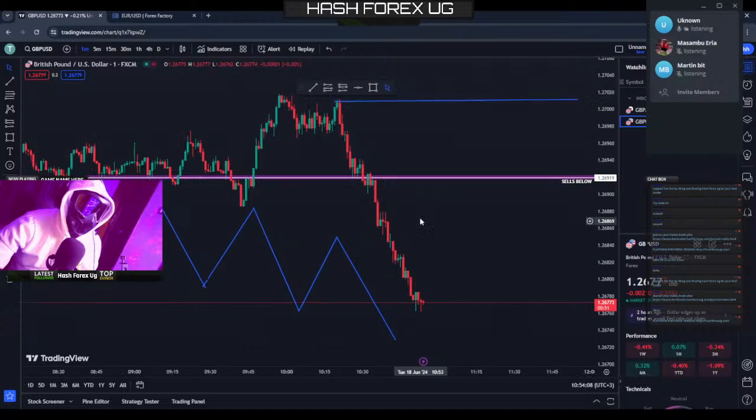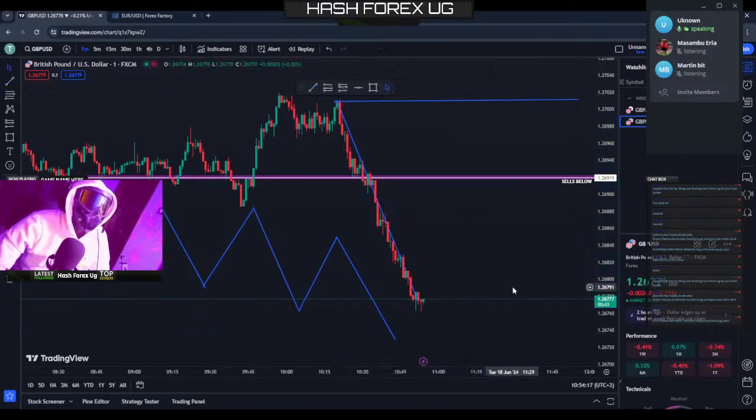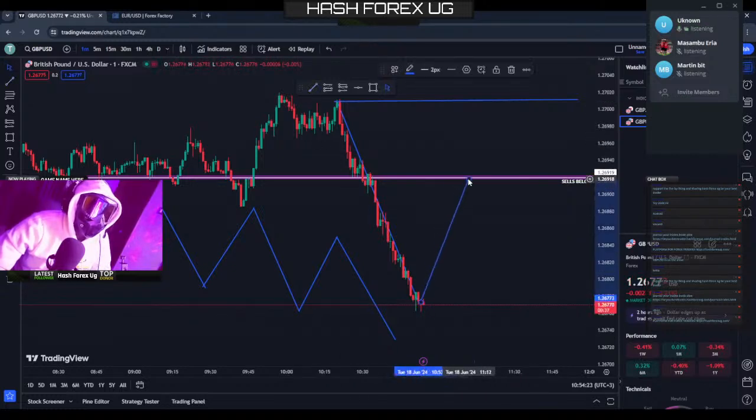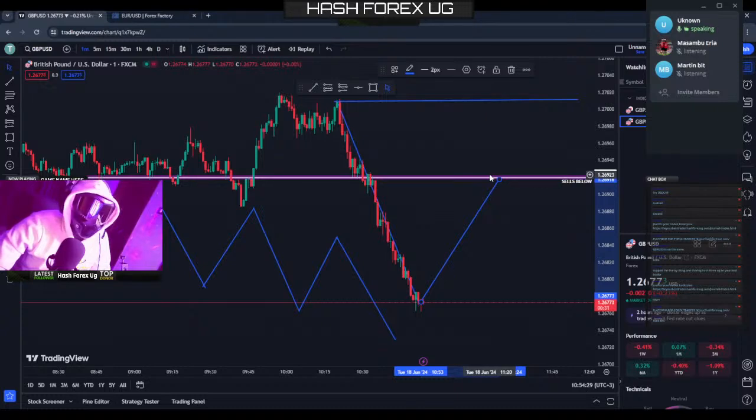And you're seeing that this is our first high, which was created here, giving us that impulsive move. So the pullback can happen anywhere to create the proper structure.